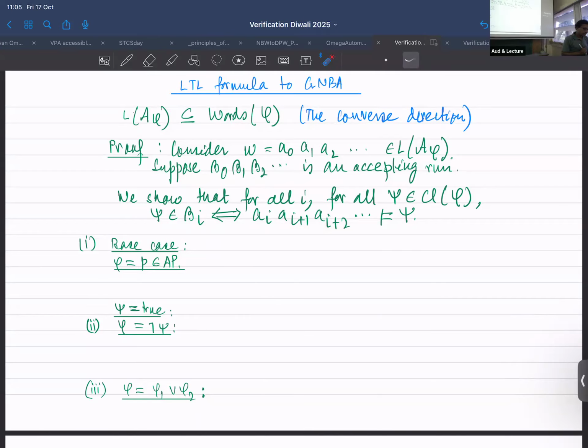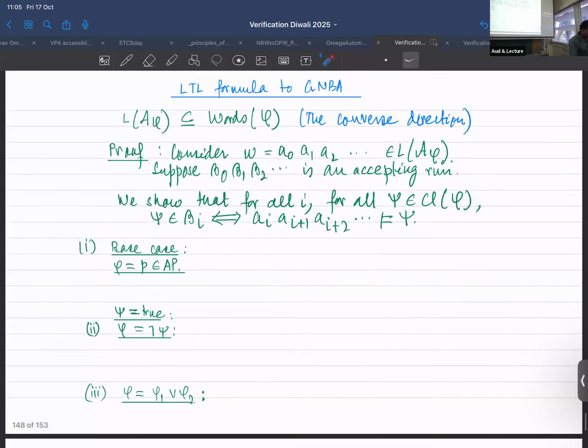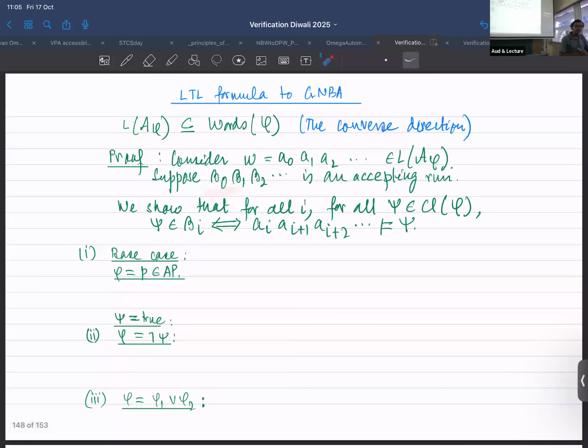Now we know why this suffices: in beta 0 we have that phi belongs to beta 0. The given input formula phi belongs to beta 0, because that's how we defined our initial states, and this is an accepting run starting from the initial state.